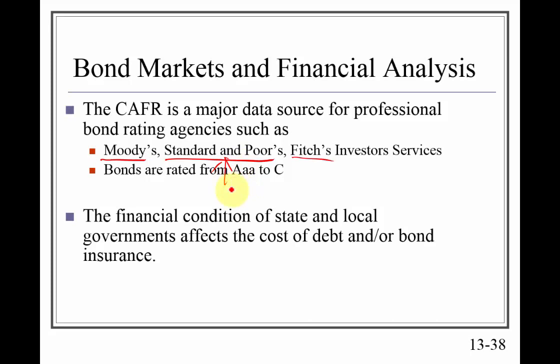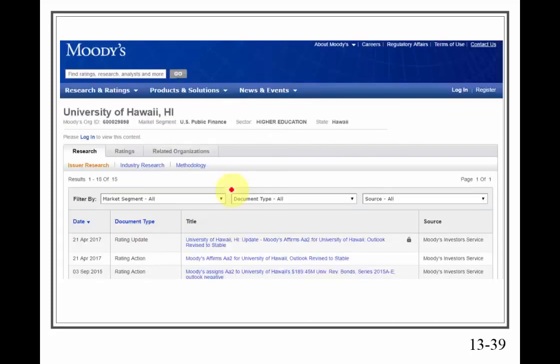So let's take a look at the University of Hawaii bonds, rated AA2, which is pretty good. The best rating, which hardly anybody gets, is AAA or AA1. So with the AA2 rating, the university can borrow at a lower cost than most other types of government entities.